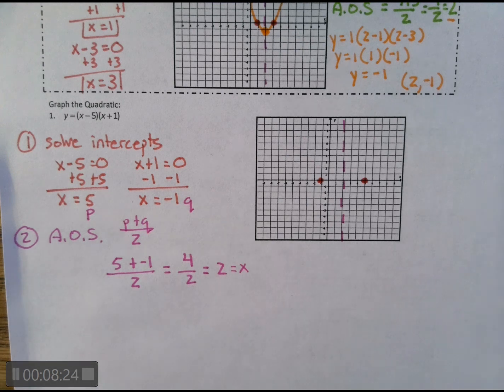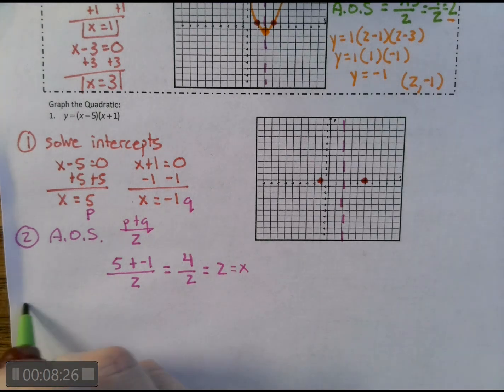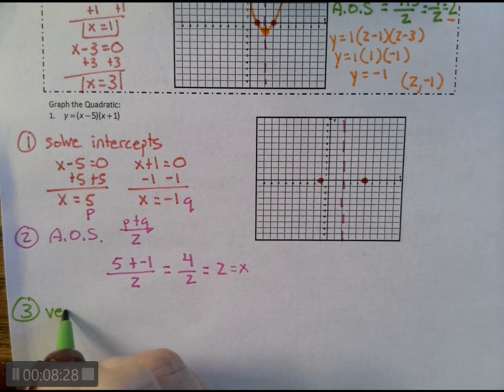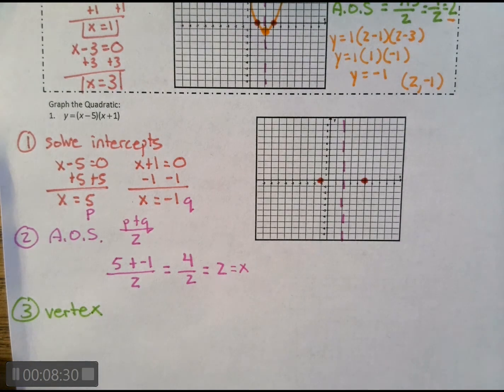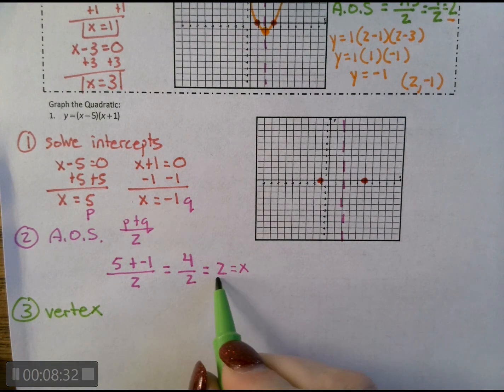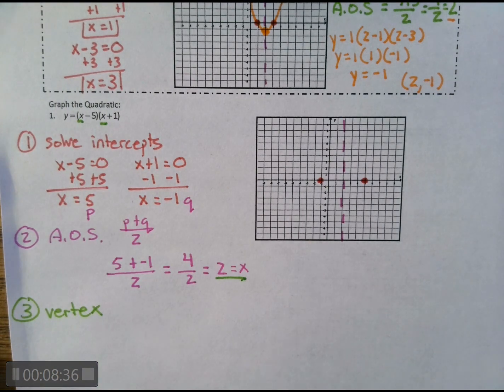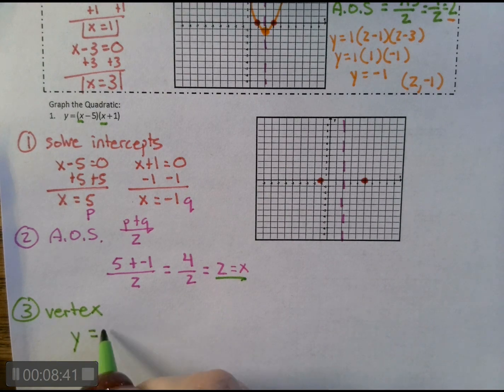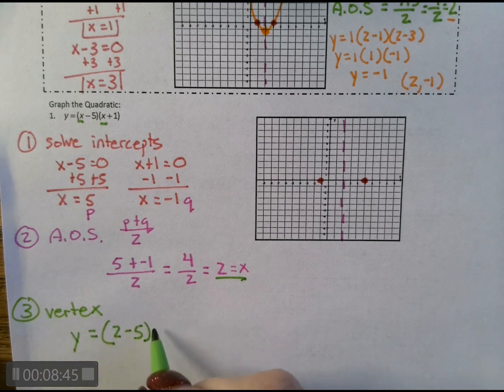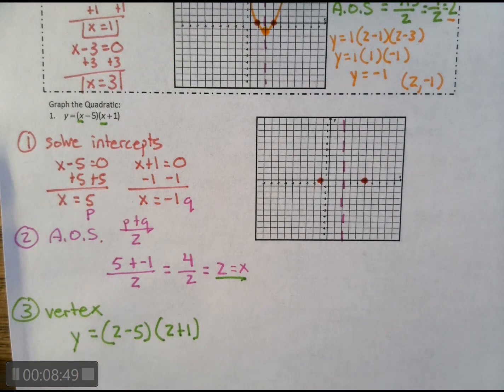And then finally, I need to find my vertex. So I'm going to substitute this 2 everywhere there is an x in this equation. So I'm going to have y equals, I have an x minus 5, so that's going to be 2 minus 5. And then x plus 1, so that's going to be 2 plus 1.